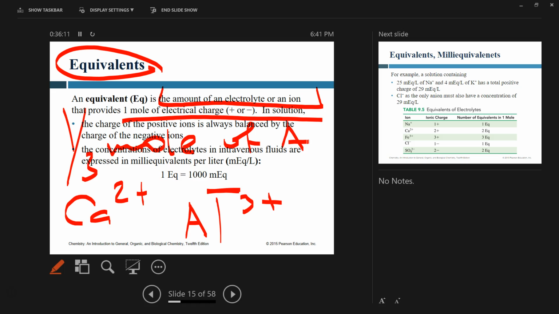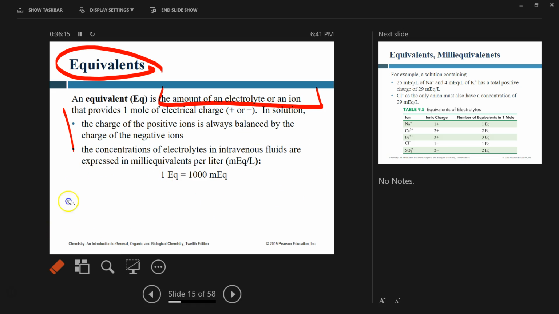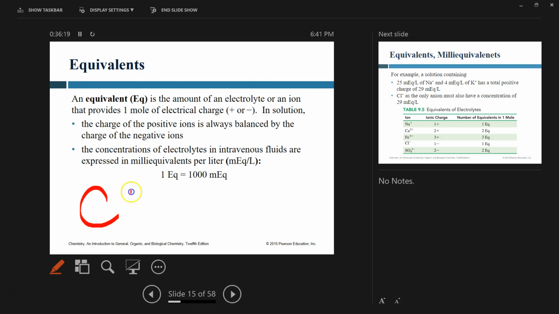Same idea for anions, really. So say, if you talk about chloride anion, one charge, 1 mole of chloride anions, 1 equivalent. Does that make sense? Sulfate, half mole of sulfate anions, 1 equivalent.